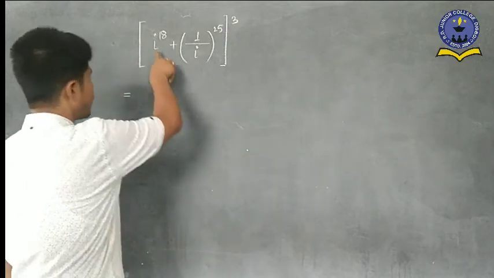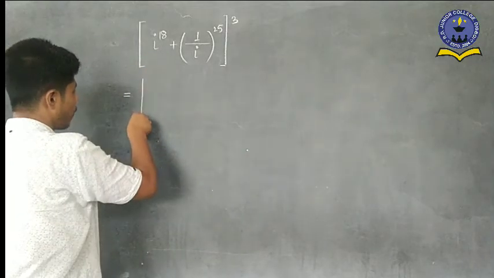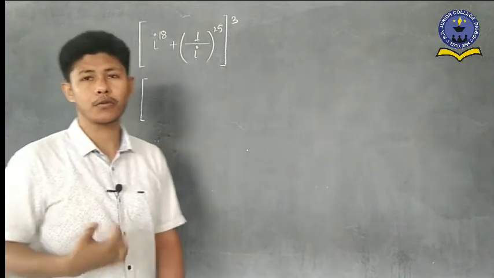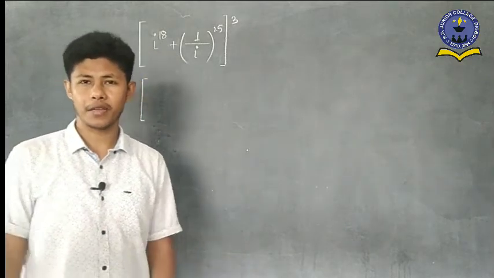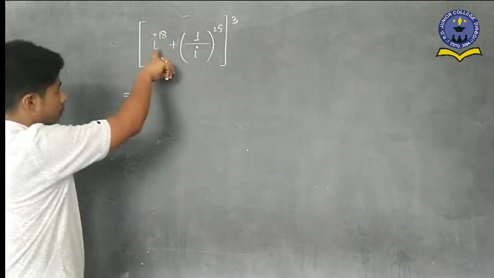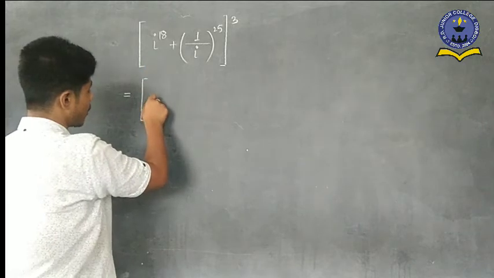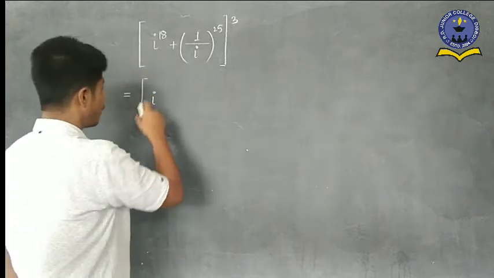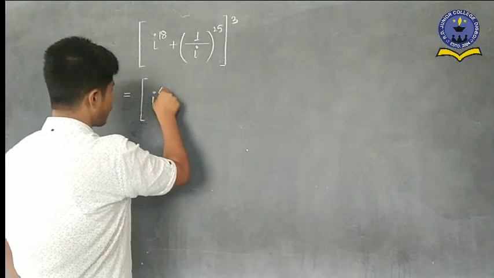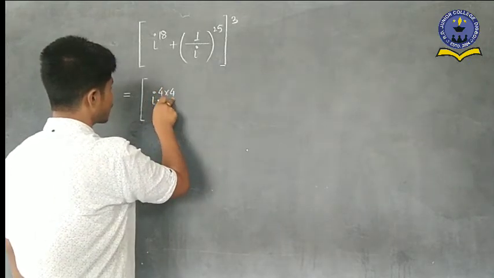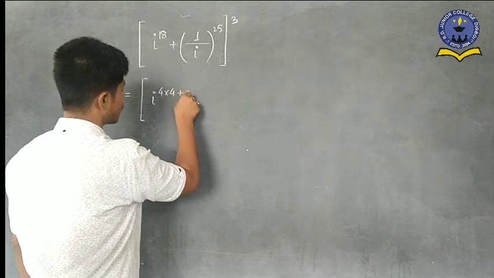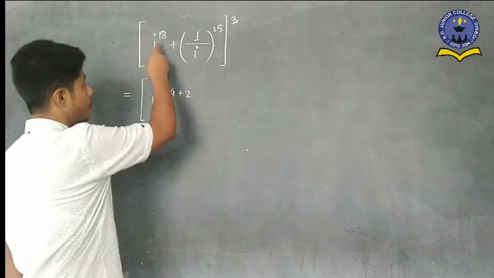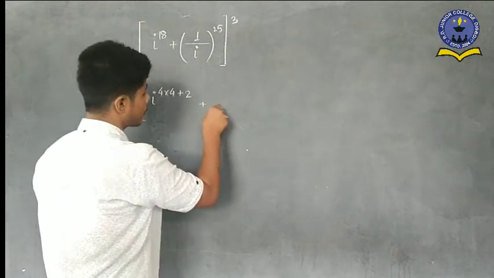Now we break these powers in the form of 4k plus 1, 4k plus 2, or 4k plus 3, that means multiples of 4. So i to the power 18 we can write as i to the power 4 into 4 plus 2, since 4 fours are 16, and 16 plus 2 is 18.